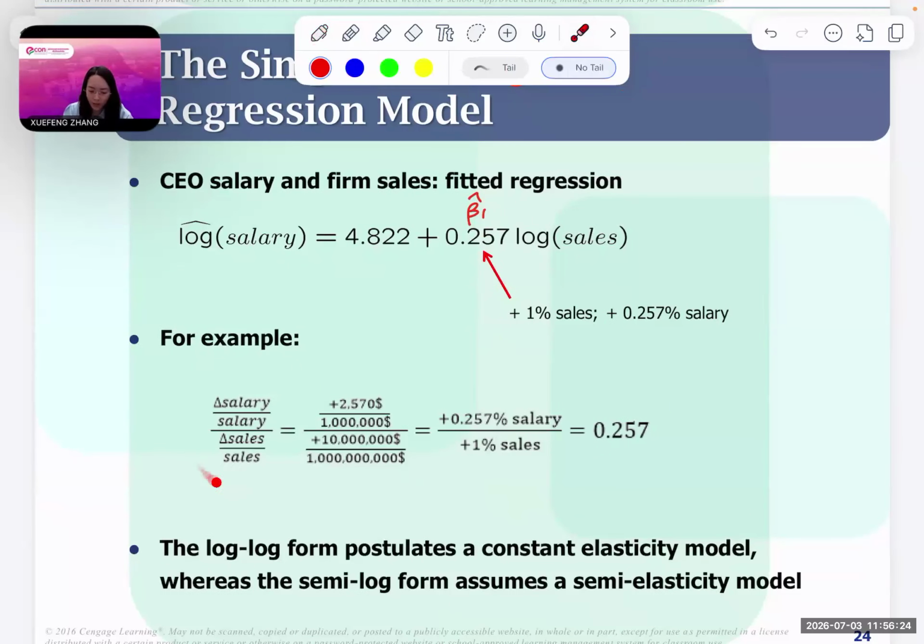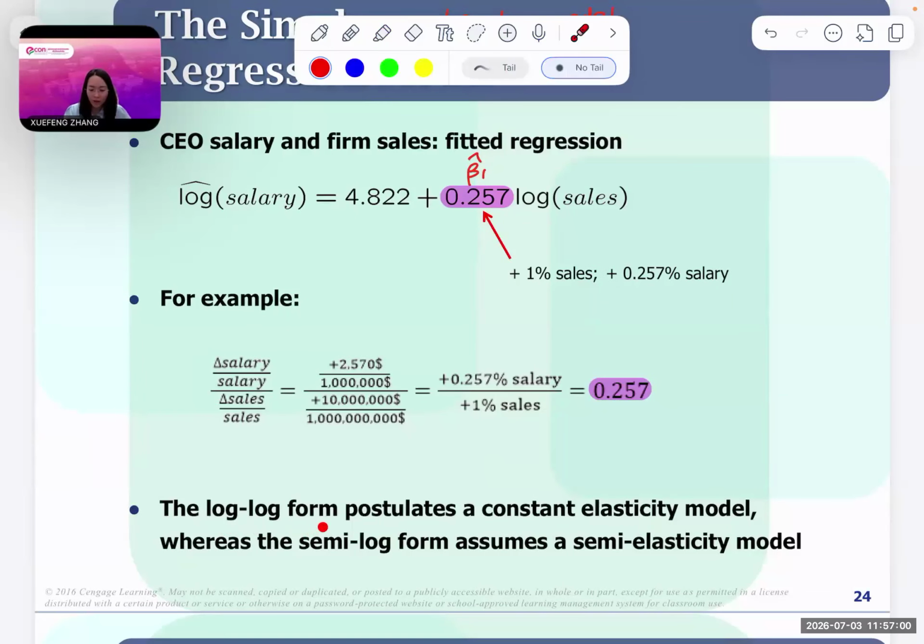Here is when we plug in the real numbers. Okay, so here we have the denominator, which is the 1% for firm's sales, and the numerator is the percentage change for CEO's salary. Okay, so the same estimation results, 0.257.